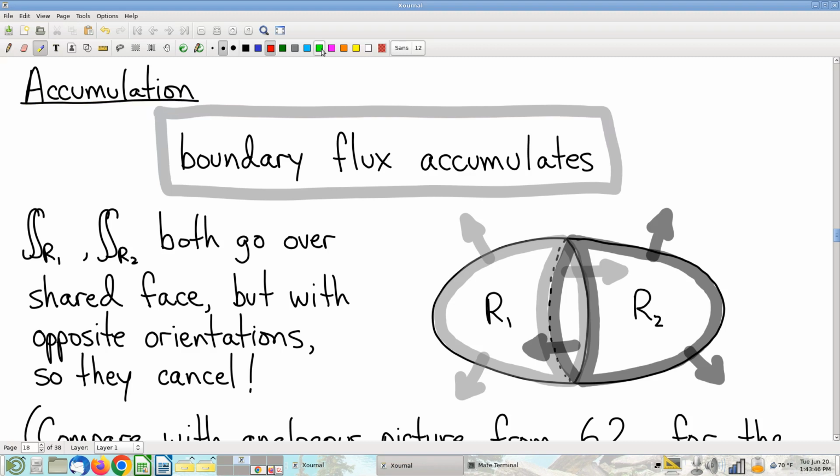Sometimes there are what you might call geometrically defined things that accumulate, and boundary flux is the example here. It's a little counterintuitive, right? If I were to say surface area is not an accumulating quantity.